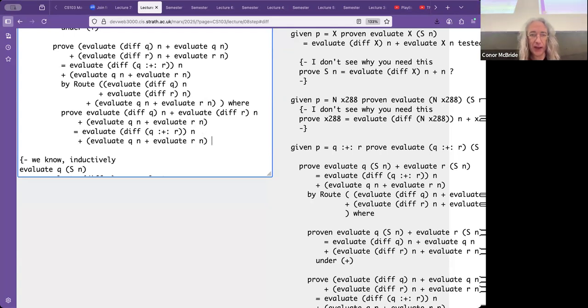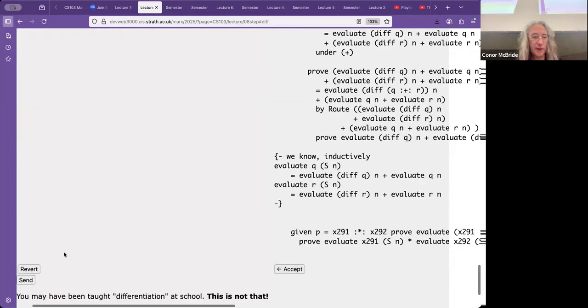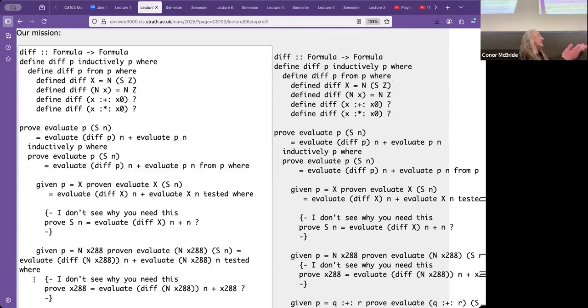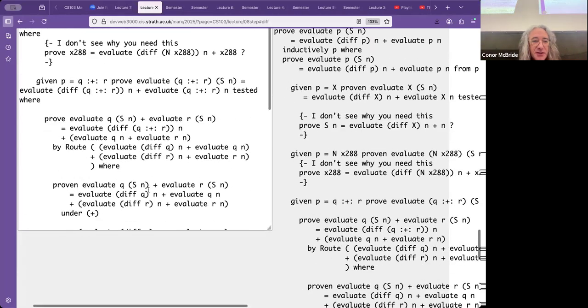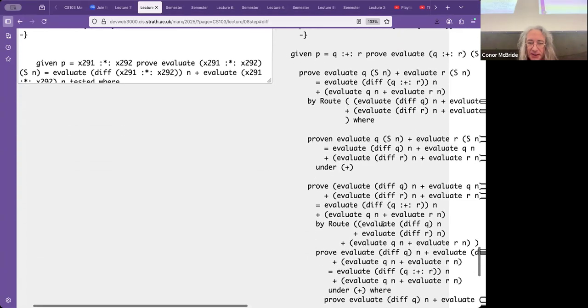So we're ready to do an under plus move, and we'll wind up at a goal that is going to give the game away. And I want the game to be given away to Clemens. So you can see after, you need to press accept first.